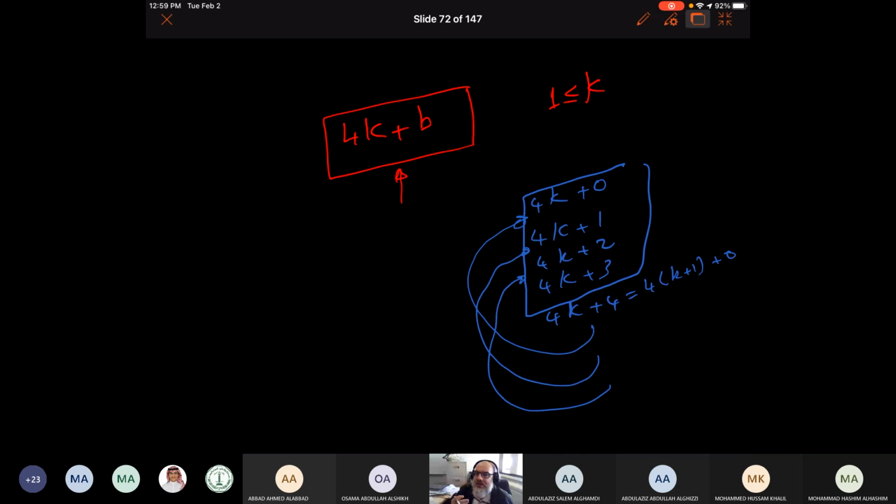When you divide any number by 4, what are the possible remainders? 0, 1, 2, 3. That's all. So we have 4 progressions: 4k plus 0, 4k plus 1, 4k plus 2, 4k plus 3. 4k plus 4 is the same as 4k plus 0. 2 for even, 2 for odd.